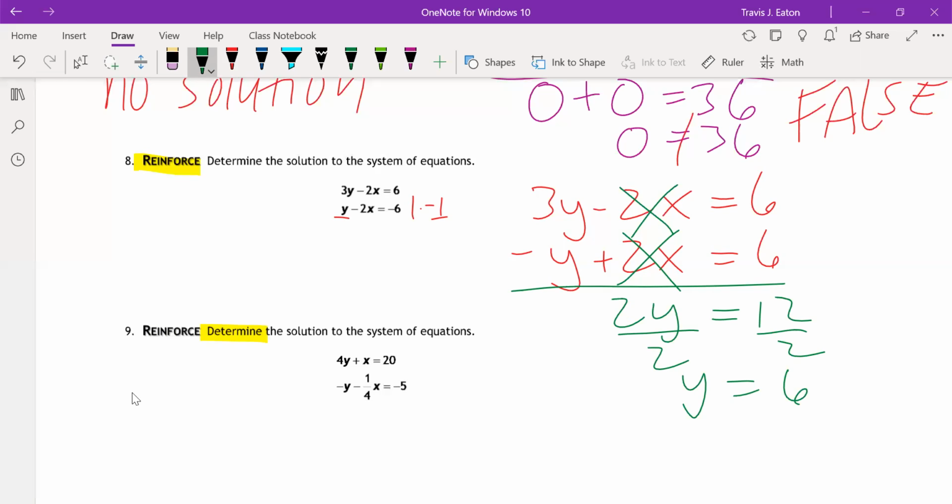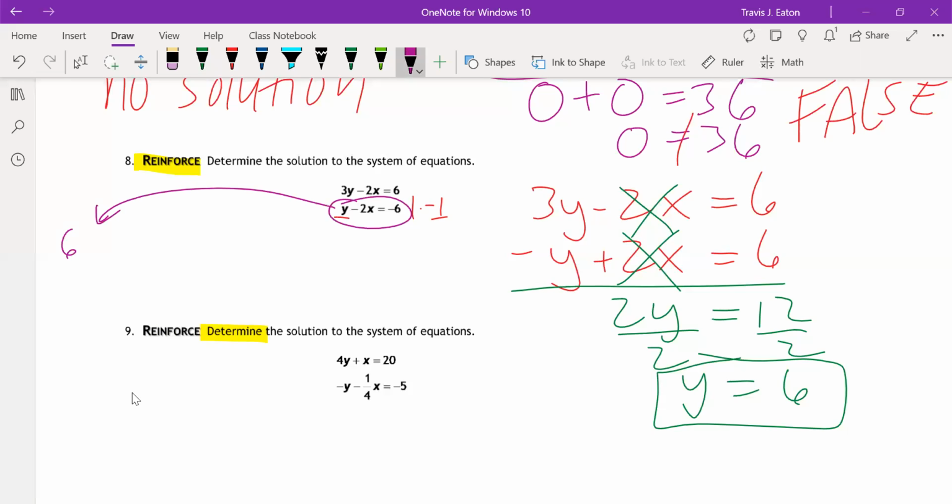Now, that being the case, I can take that and substitute it into the other equation. So I'm going to use this one right here. If y is 6, then this becomes 6 minus 2x equals -6. Subtract 6, and I get -2x equals -12.